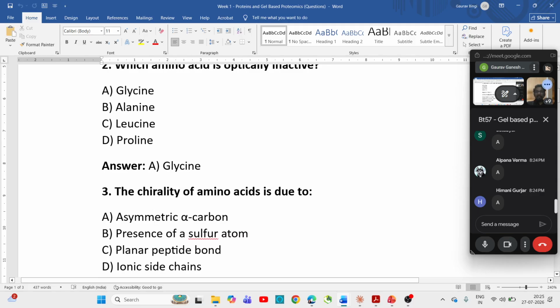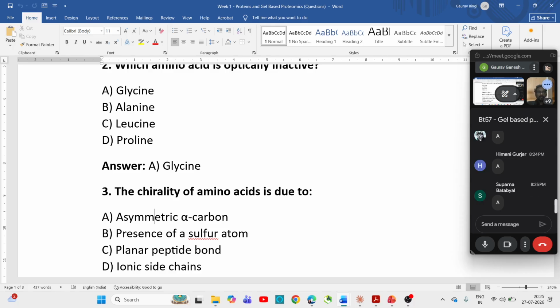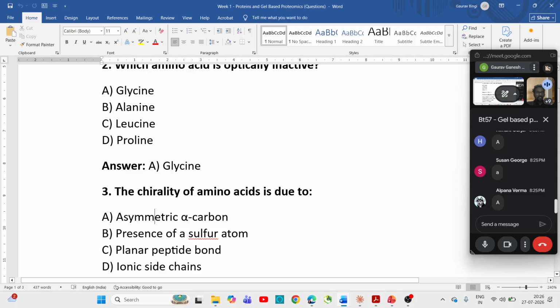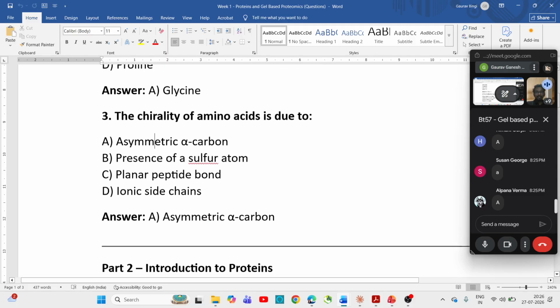Okay. So the chirality of an amino acid is due to what? Yeah, as I just mentioned, it's because of the asymmetric alpha carbon.